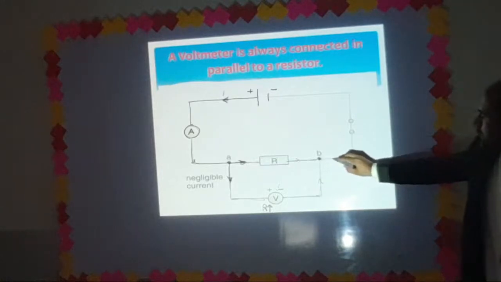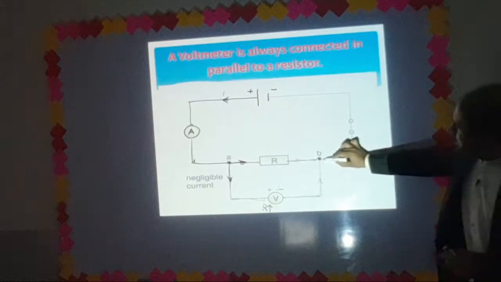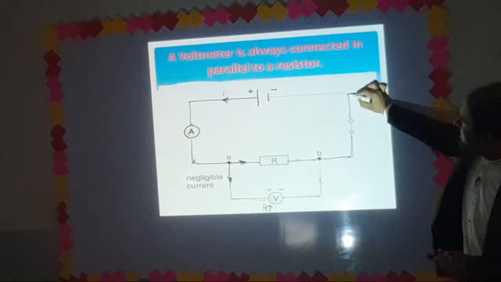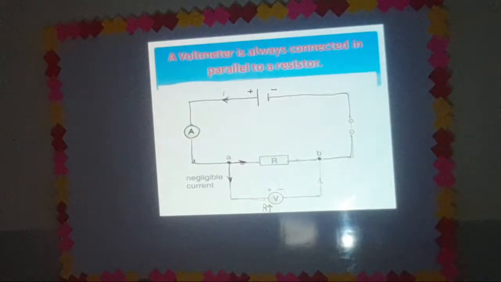Then the current will flow through this path, and charges will move towards the negative terminal of the battery. So this is a comprehensive figure indicating the connection of ammeter and voltmeter in a circuit.